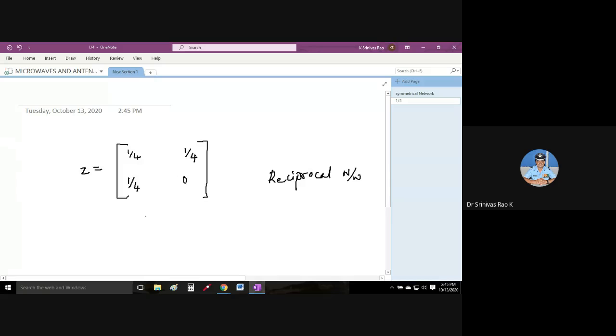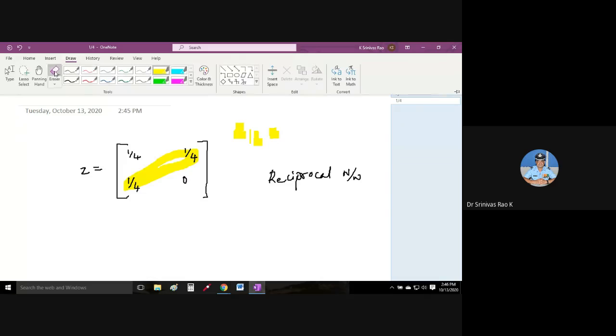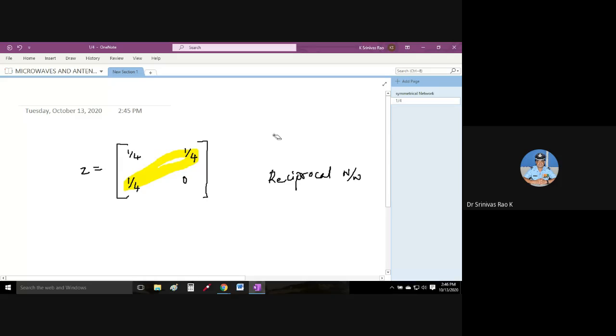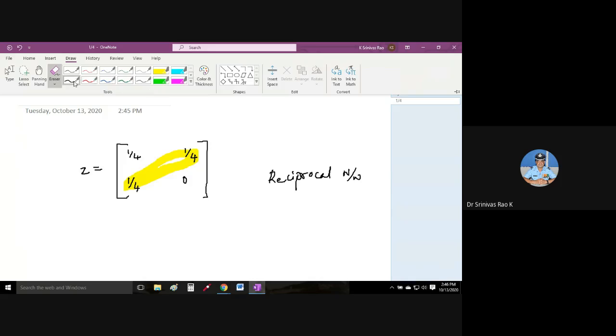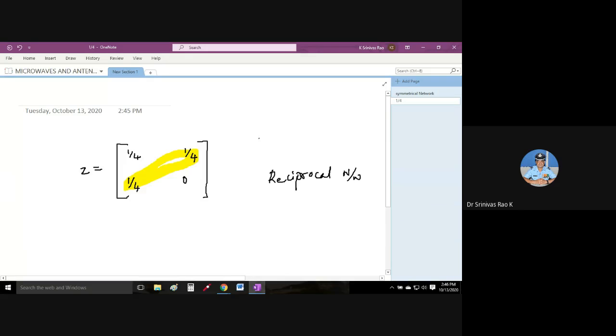Now everyone is with me. Why is it reciprocal? Because Z12 equals Z21. That's why I can write Z12 is equal to Z21, which is equal to 1 by 4.